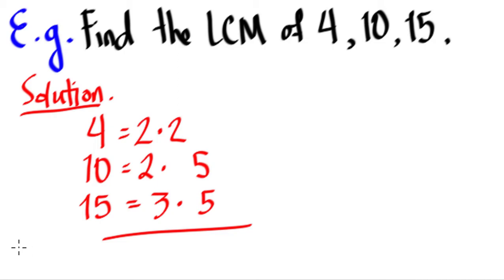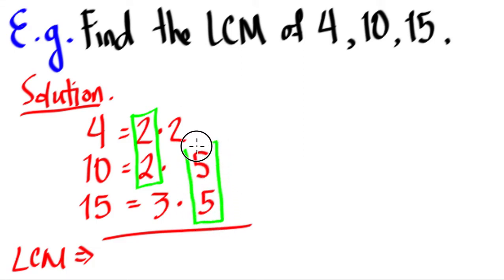So how do we get the LCM of 4, 10, and 15? We first encircle, or take note of, the common values. 2 is common in 4 and 10, and 5 is common in 10 and 15.